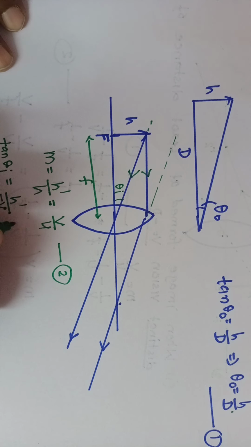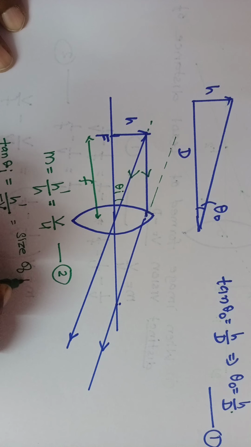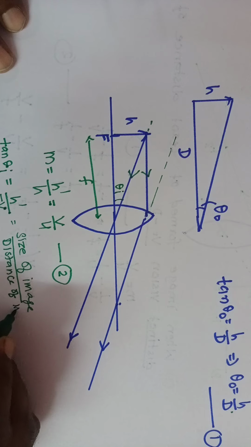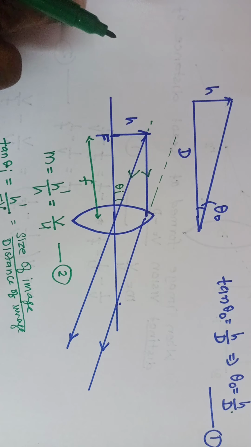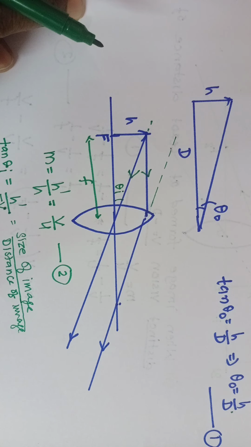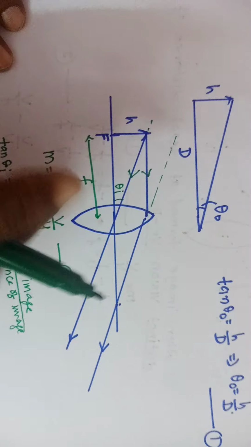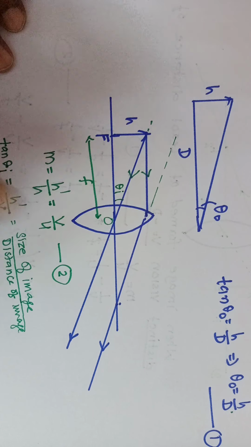H dash is size of image, versus the distance of image. Because this image will form somewhere here, so that distance will be minus V, because incident ray is going that side, and height is H dash we have considered.